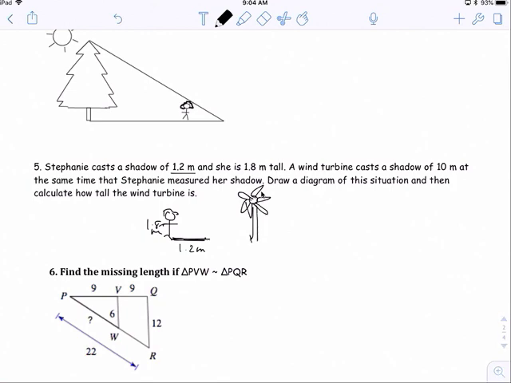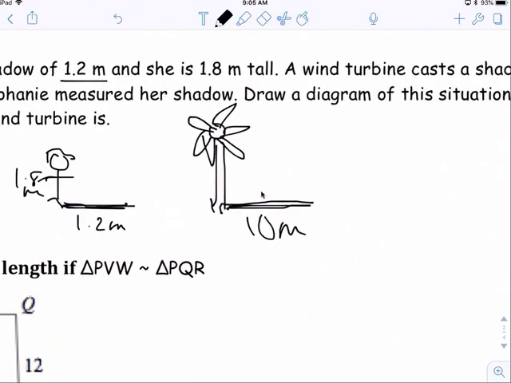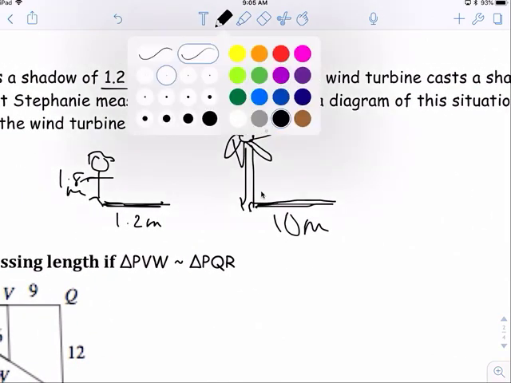Here's the wind turbine's shadow of 10 meters. Draw a diagram of this situation, then calculate how tall the wind turbine is. Okay, so that's this situation.